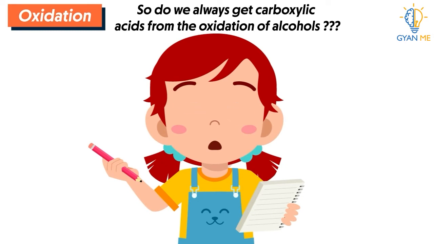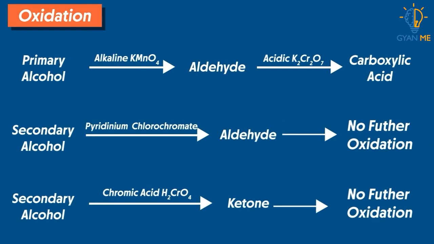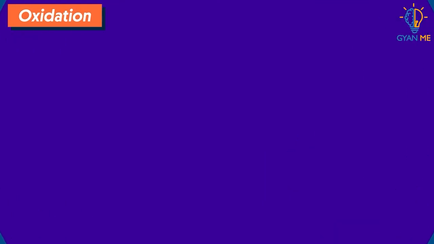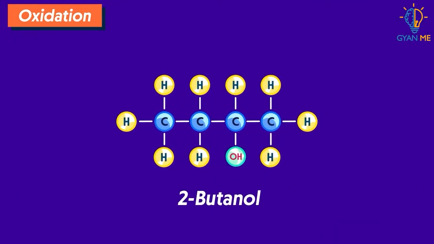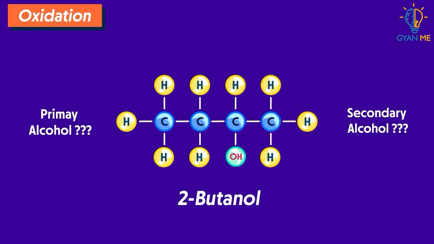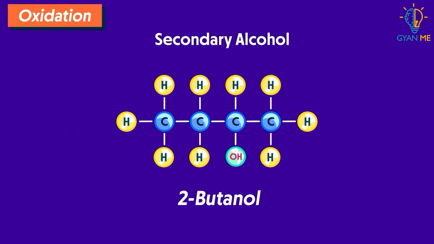We have already seen that we get different compounds when we take different alcohols. So this time, let us take 2-butanol. And what kind of alcohol is it? Whether primary or secondary, can you tell me? Pause the video and think about it. Correct, it is a secondary alcohol.